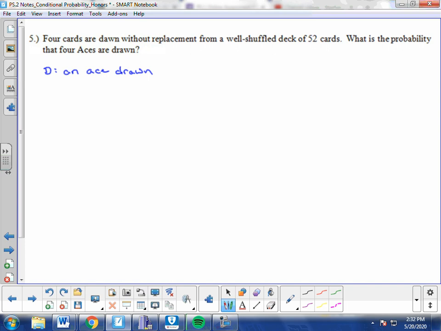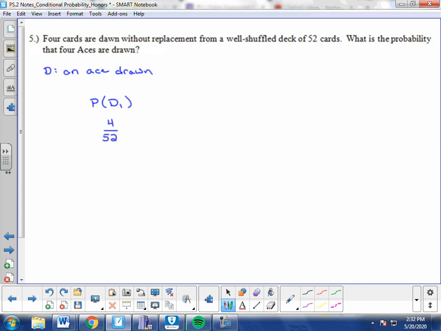So basically what we would have here is the extension of our idea of probability. So on the first draw, we're going to find the probability of drawing an ace on event 1. And so let's call that probability of D sub 1. And we could probably find that pretty quick. There's 4 aces in the deck, and there's 52 cards.